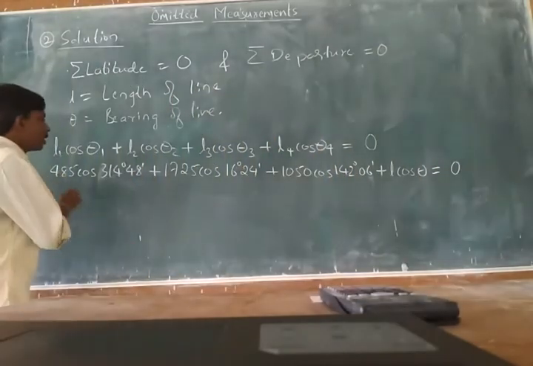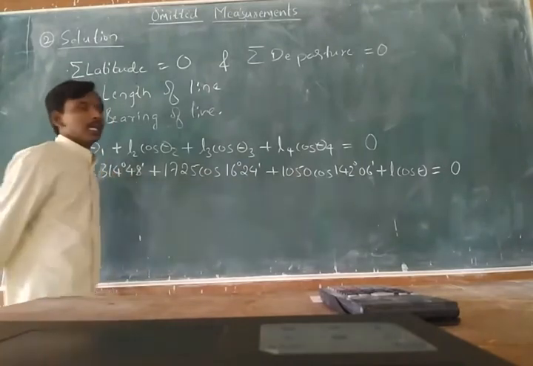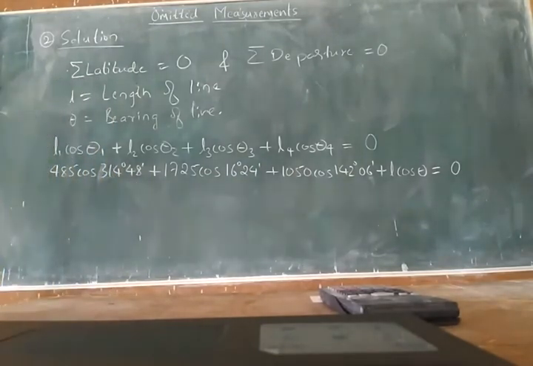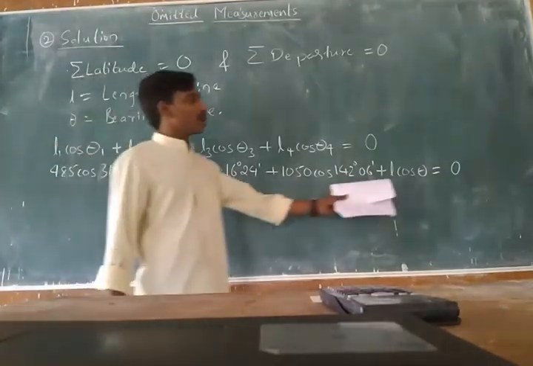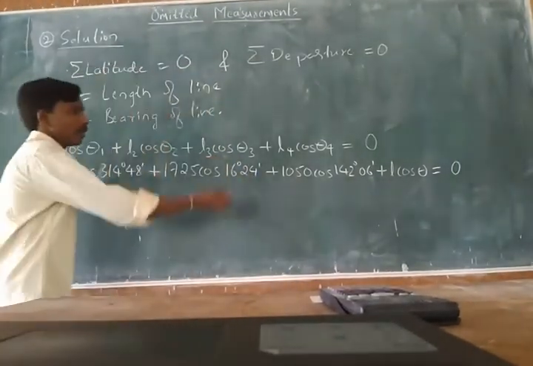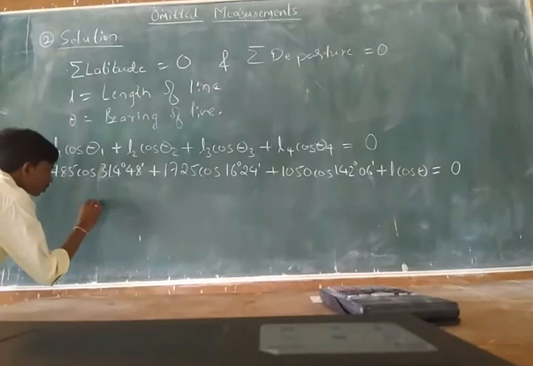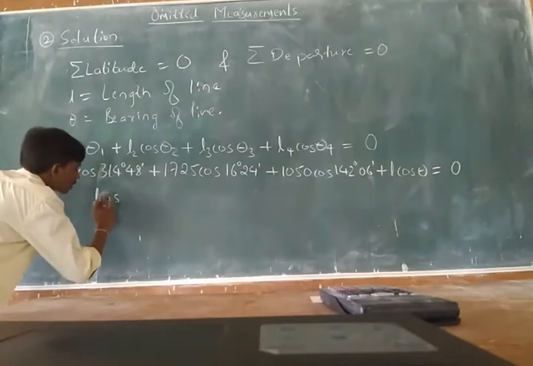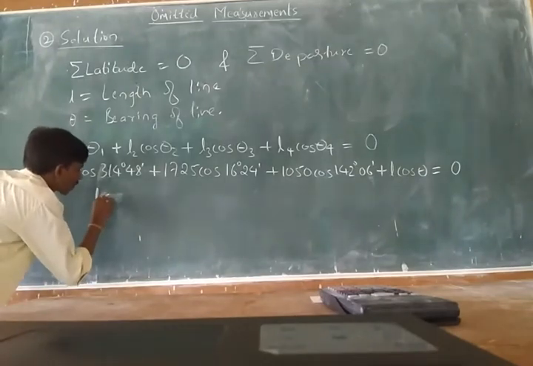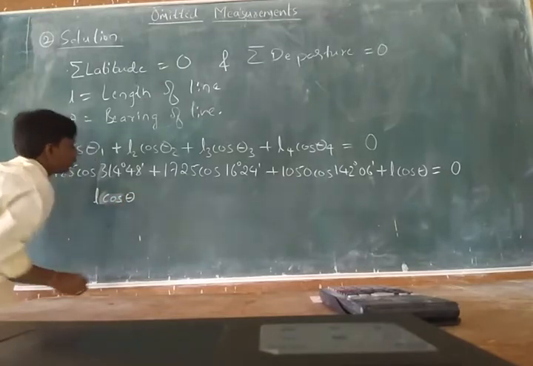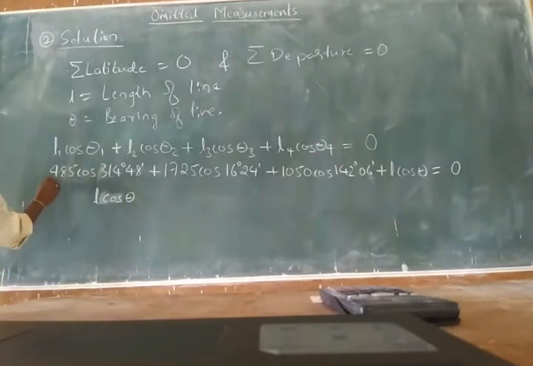Now this is the substitution for the summation of latitudes. Now write L cos theta as it is, because that is the unknown value.